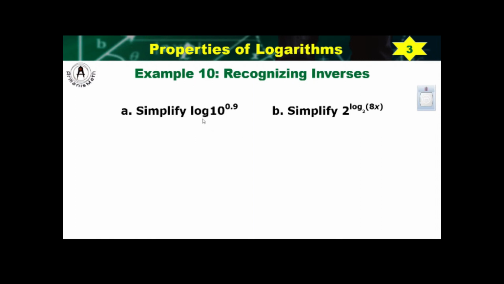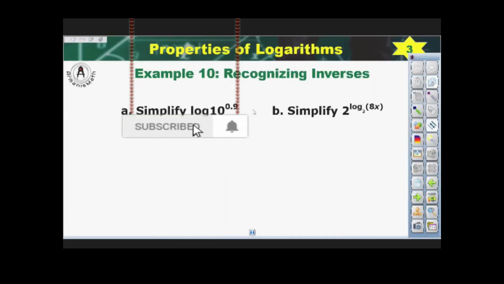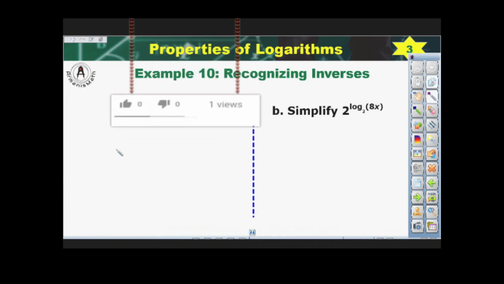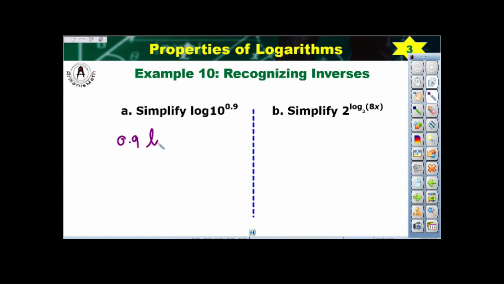Let's do another one here. This says simplify 0.9 times log. What's the base here if there's no base? If there's no base, what would be the base? Good job there. Yes, it is 10. So you have 0.9 times log of 10.